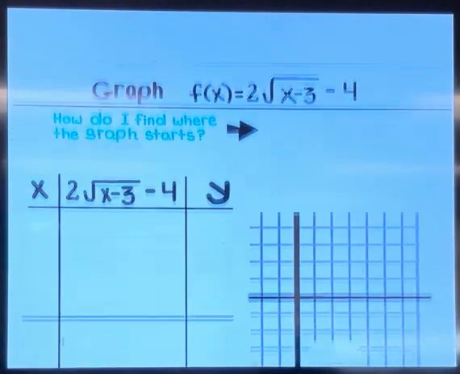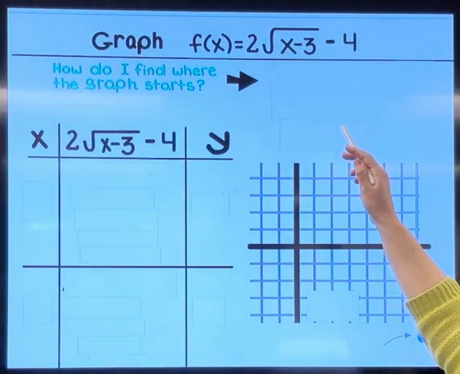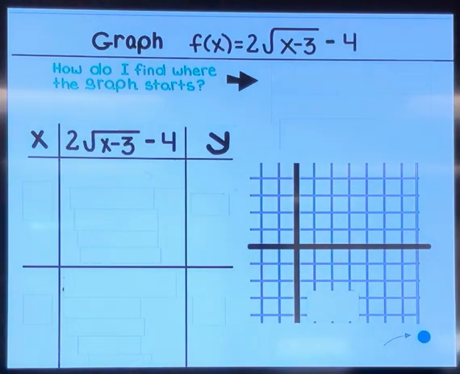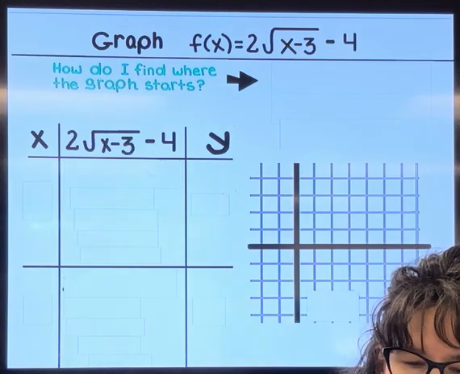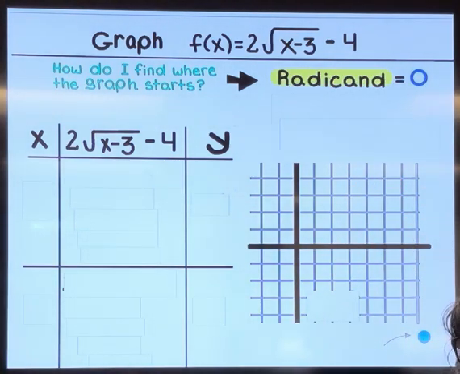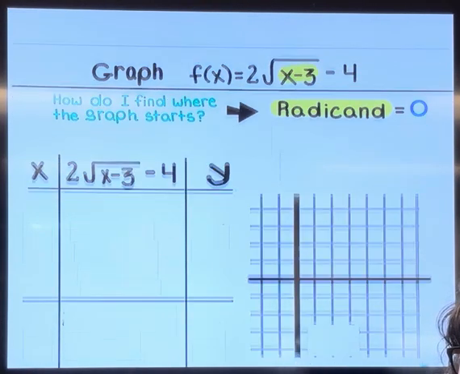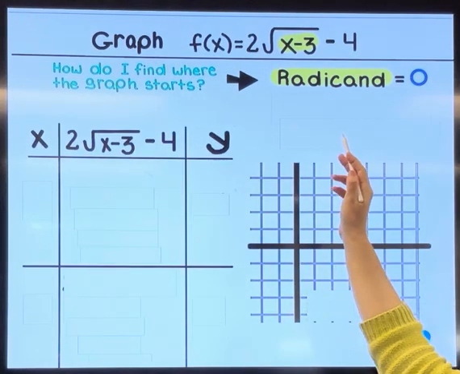So starting off with this equation here, f of x equals 2 square root of x minus 3, minus 4. If I want to figure out the point where this starts, then I need to set what's called the radicand equal to 0. And the radicand is the part in the equation that's underneath the square root.